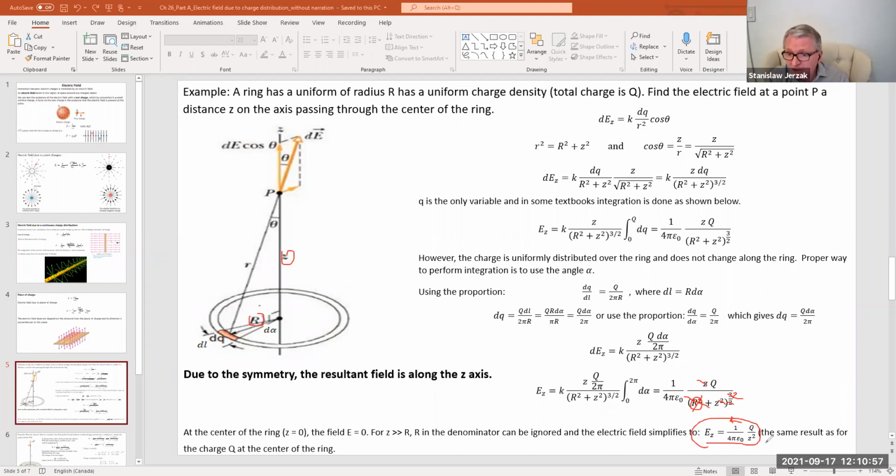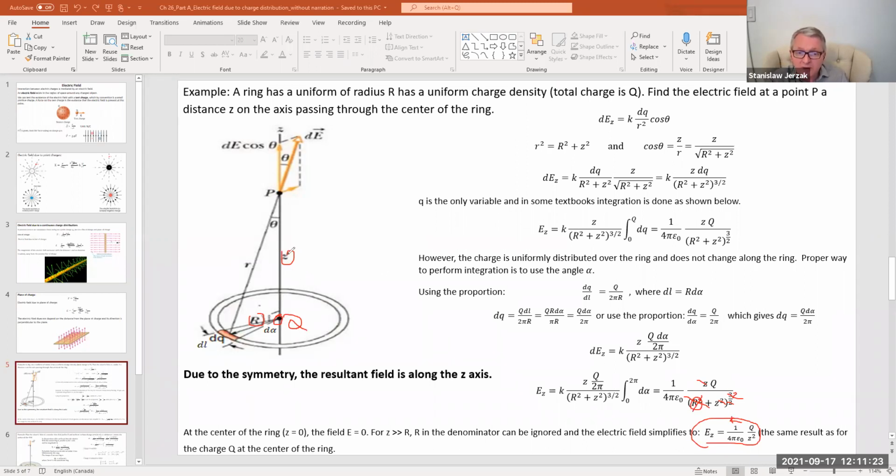because the same result you would get for the electric field if the entire charge of the ring is located at the center of the ring. If that entire charge, capital Q, would be at the center of the ring, the electric field at point P, very far away from the ring, would be the same, right? Because it would be the total charge divided by the square of the distance, divided by Z squared.